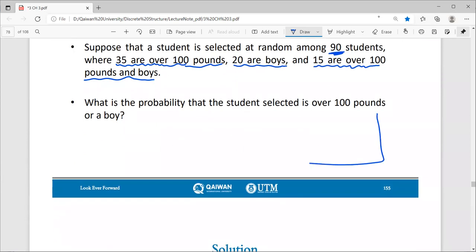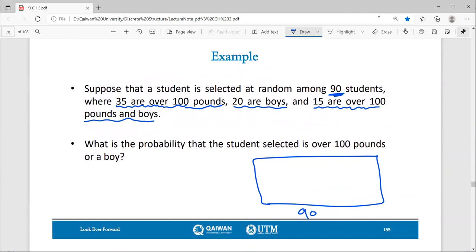We have 90 students. It says 35 are over 100 pounds. We have 20 boys. Among these 20 boys, 15 of them are over 100 pounds.